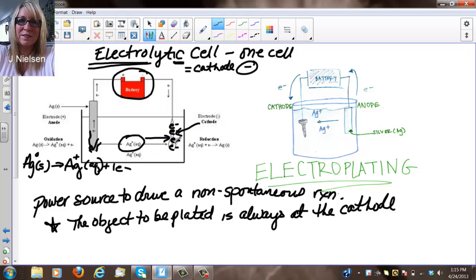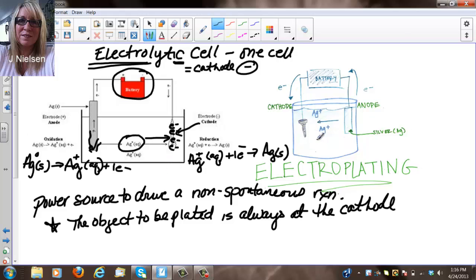So over here the silver ions gain an electron, so this says Ag plus aqueous gains an electron and forms Ag solid. So the silver forms solid on top of the spoon, and the spoon becomes electroplated.